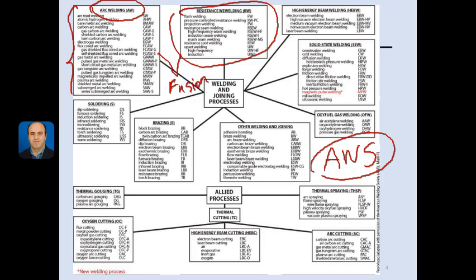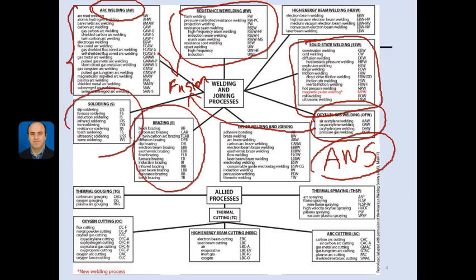Then we have solid state welding, where the base metals are not melted. Oxy-fuel welding, base metals are melted, so it is a fusion welding process. We have other welding, in some cases brazing and soldering.